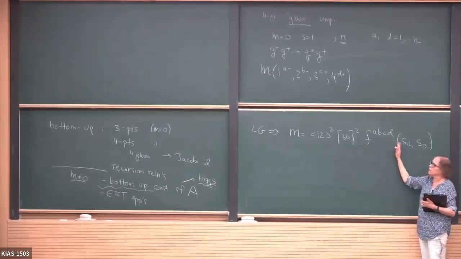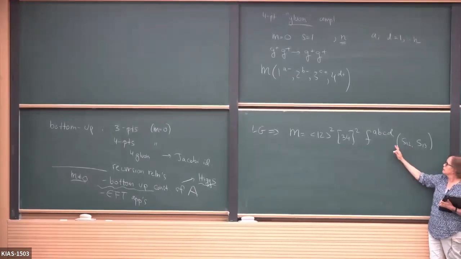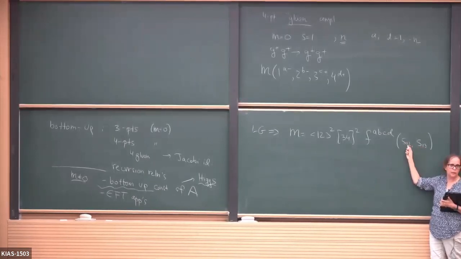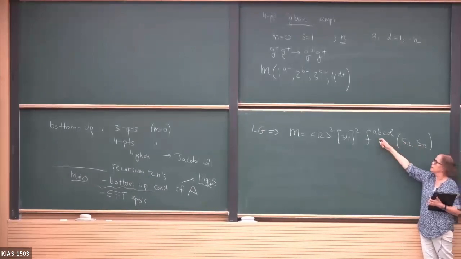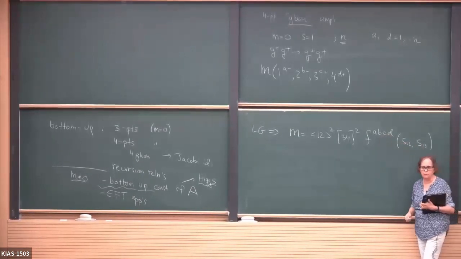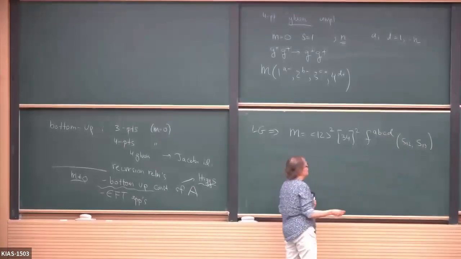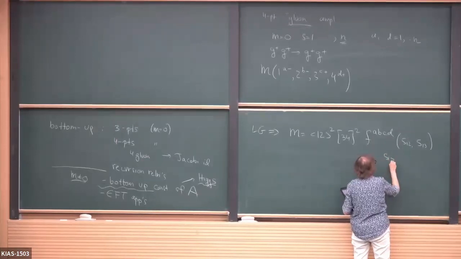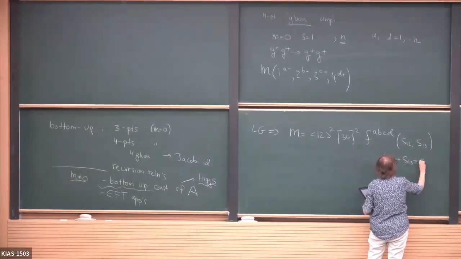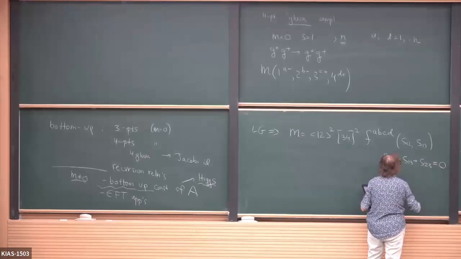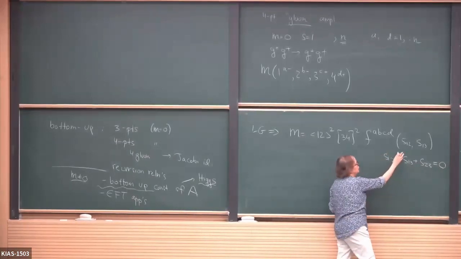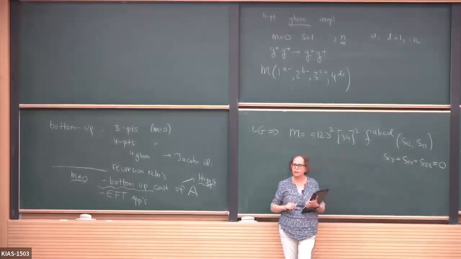And then the only thing that can multiply that is something that's invariant under the little group. So it's neutral. And the Mandelstam invariants are neutral under the little group. So here I can have some function, and it's carrying these a, b, c, d indices. Okay, now, and I used here the fact that S12 plus S13 plus S23 equals 0, so there are only two independent Mandelstams that I can work with.